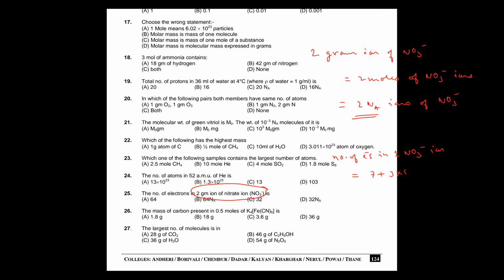It has 3 oxygen atoms, each oxygen atom has 8 electrons. It has a negative charge, -1, so 1 extra electron. Total number of electrons will be 7 plus 24, 31 plus 1, 32. The number of electrons in 1 nitrate is 32, and we have total number of nitrate ions as 2 Na. The total number of electrons will be number of nitrate ions into electrons per nitrate ion. This comes out to be 64 Na.